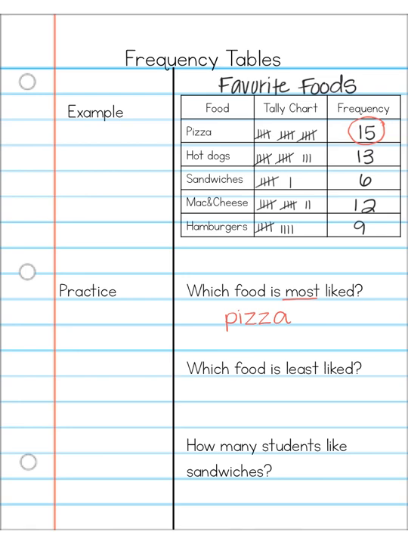The next question says which food is least liked? Well, we know that least is the opposite of most. So if most meant that we were looking for the highest number, least means that we're looking for the lowest number. The lowest frequency in our table is 6, which means that sandwiches are the least liked food.